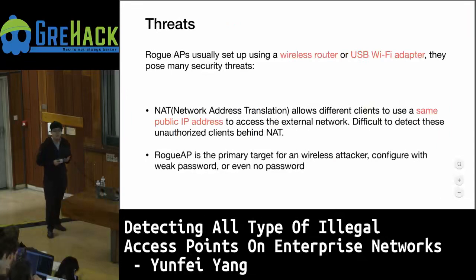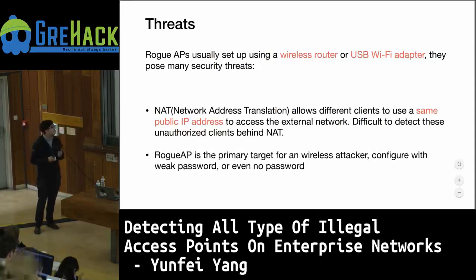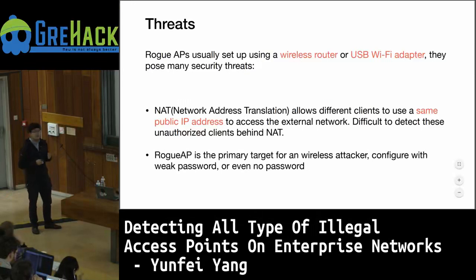Rogue APs are usually set up using a wireless router or a USB Wi-Fi adapter. They may pose many security threats. Most access points are in NAT mode, network address translation mode.